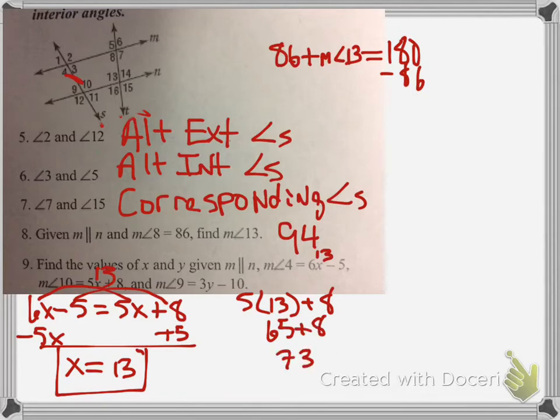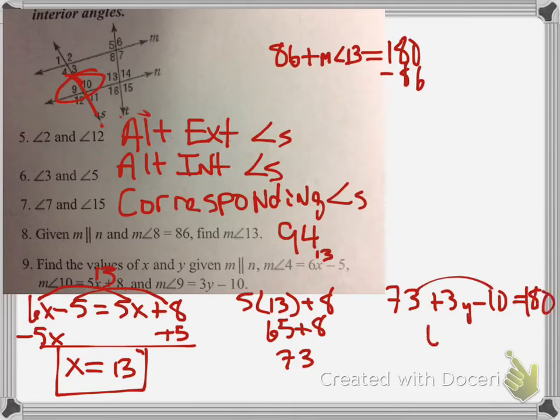So I now know that angles 9 and 10 add up to 180 because this is a linear pair. So 73 from angle 10 plus 3y plus 10 is equal to 180. Combine like terms, I've got 83 plus 3y equals 180.